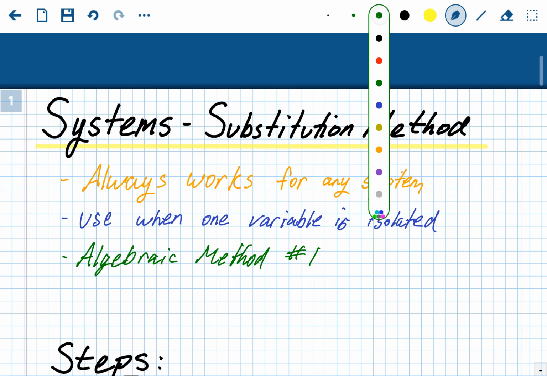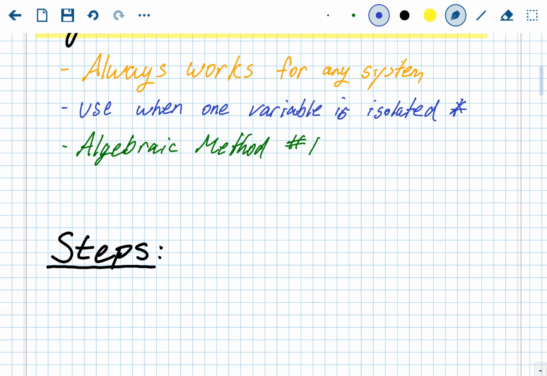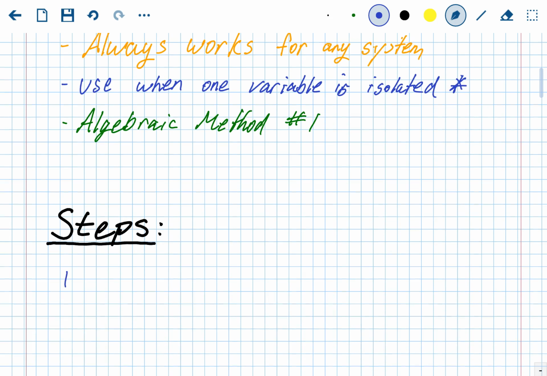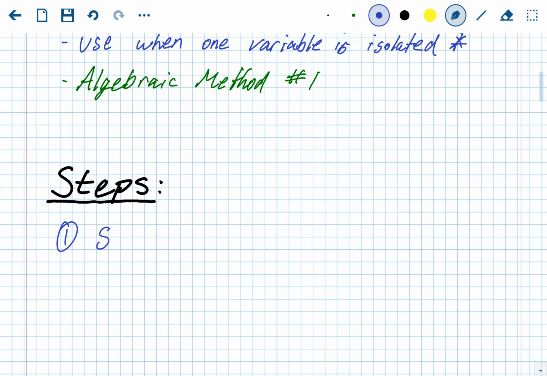So the first step in substitution is to kind of use what we wrote down here. Okay? Use when one variable is isolated. That's the first step as well. Not every problem is going to have a variable isolated, so your first step is to make that variable be isolated. So we're going to say we're going to solve one equation for one variable.